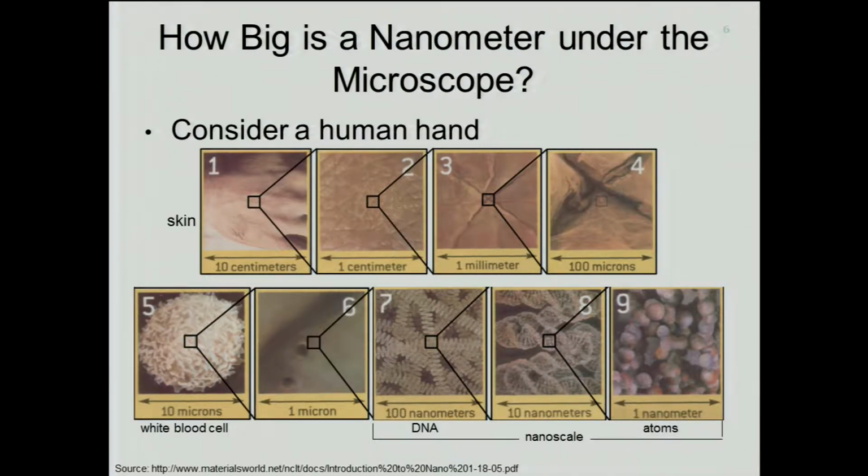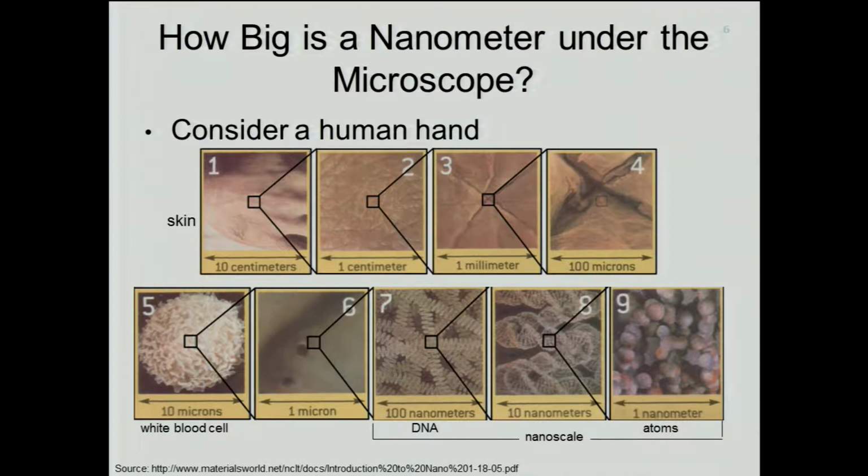So, again, this is just blowing up what happens. If you take your hand, hold your hand like this, everything is blown up by a factor of 10. So, this is 10 centimeters, then as you blow up by a factor of 10, this is 1 centimeter, 1 millimeter.